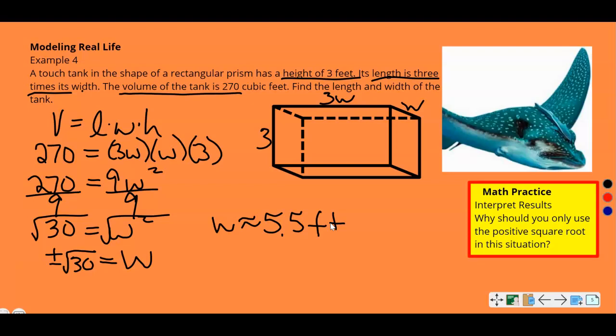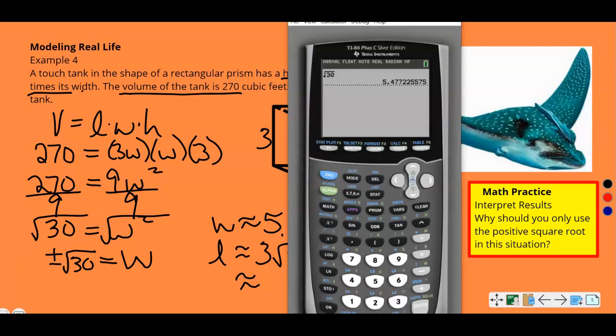All right. And then if the length is 3 times the width, we can say the length is going to be 3 times the square root of 30. So 3 times the square root of 30, and that's going to be in feet as well. Let's see what that comes out to be.